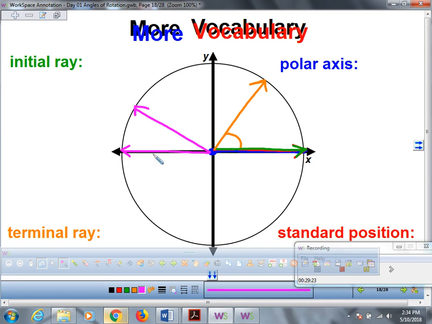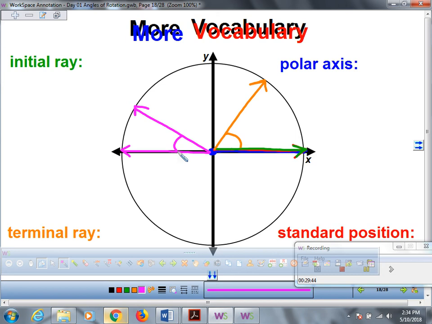And this is its terminal ray, initial ray, terminal ray. It's not in standard position and it does not begin on the polar axis. It's just an angle. Okay?